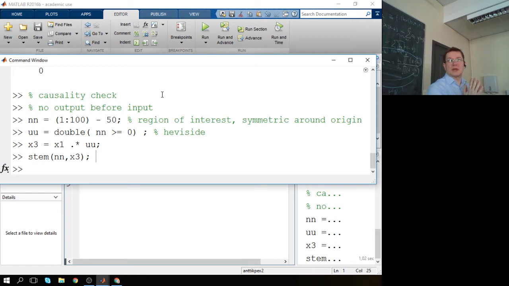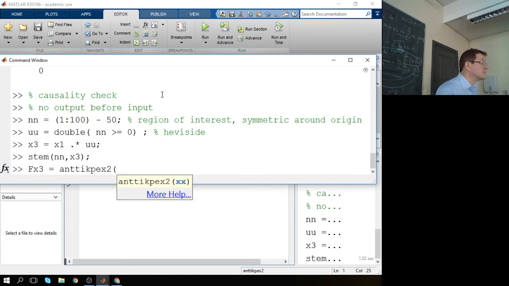So next, what we can do is calculate the system output and check if the system output is 0 for n less than 0. So system output fx3 equals, there.